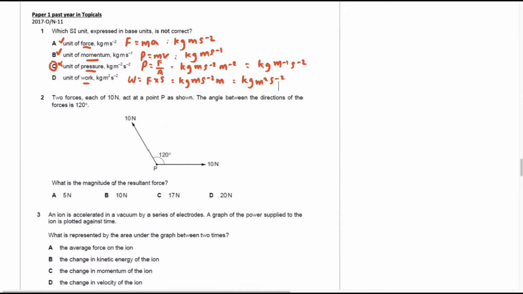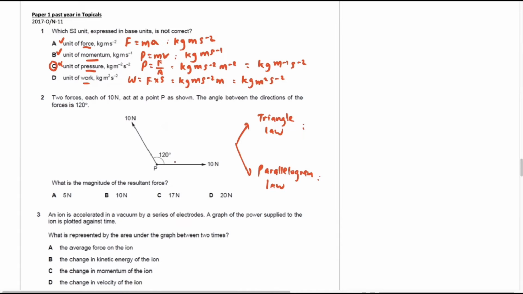What is the magnitude of the resultant force? So you want to find the resultant force. There are 2 methods. Either you use the triangle law, or the other way is the parallelogram law.